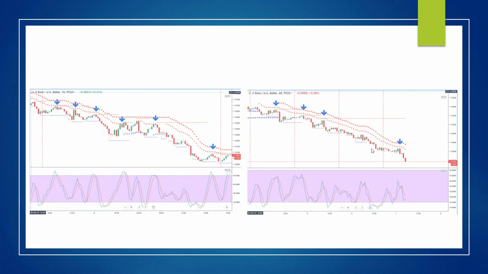And then over here on the 60-minute chart, you have 4 entries. Now notice I didn't change my entry mechanism. I didn't change the indicators. All I did was say, okay, instead of a 5-minute, I want a 15-minute or I want a 60-minute. Okay. It's just going from 9 trades down to 6 trades down to 4 trades.